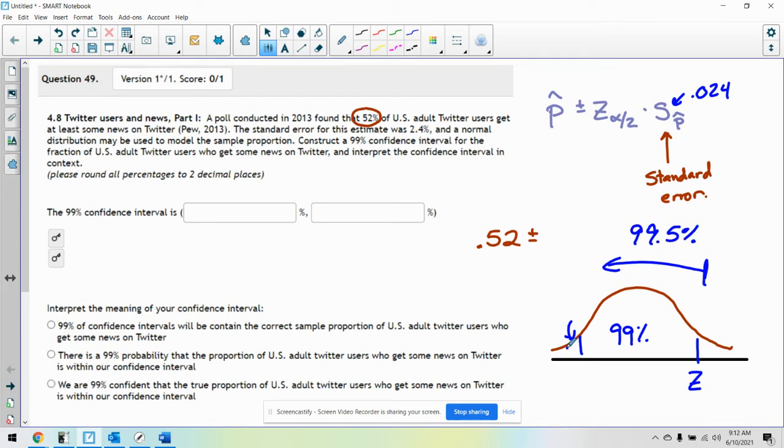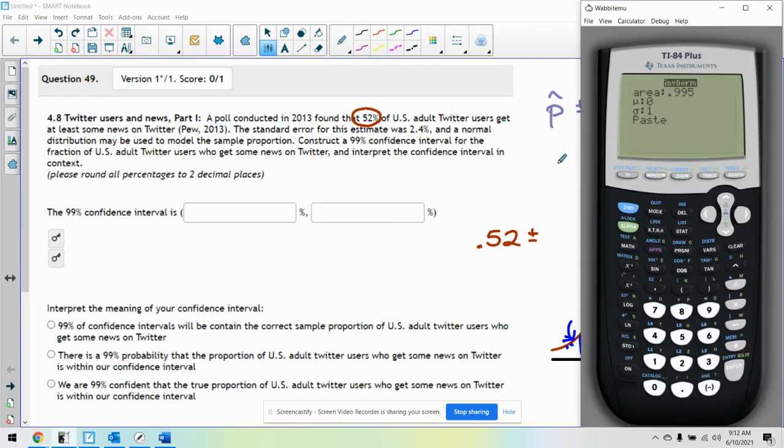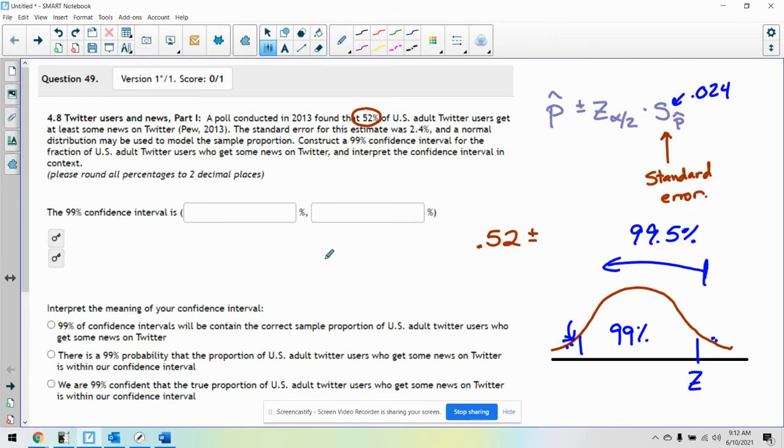Because there's 0.5% here, 0.5% here. So I'm just going to plug in 0.995. Mu is 0, sigma is 1 because it's a z-score. Hit enter, enter. So our z value is going to be 2.5758.